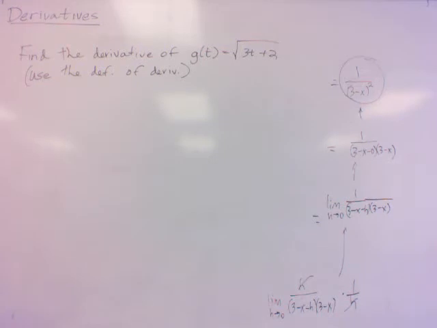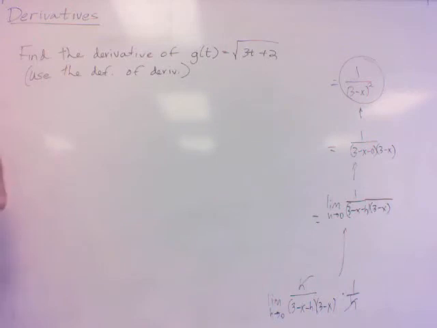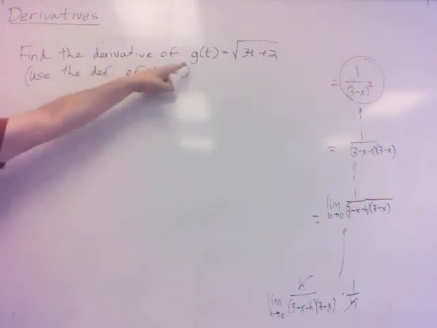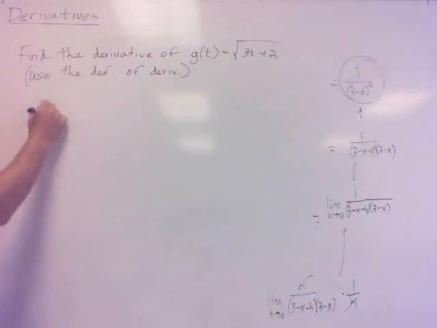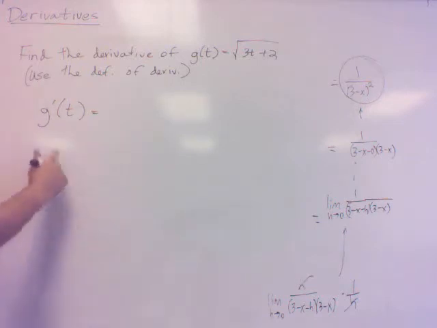Well, I guess it should be pointed out, the definition is in terms of f prime of x, but it goes the same for g of t, doesn't it? If I'm trying to find the derivative of g of t, I'm trying to find g prime of t. All right, and so what is g prime of t by the definition of derivative going to be?